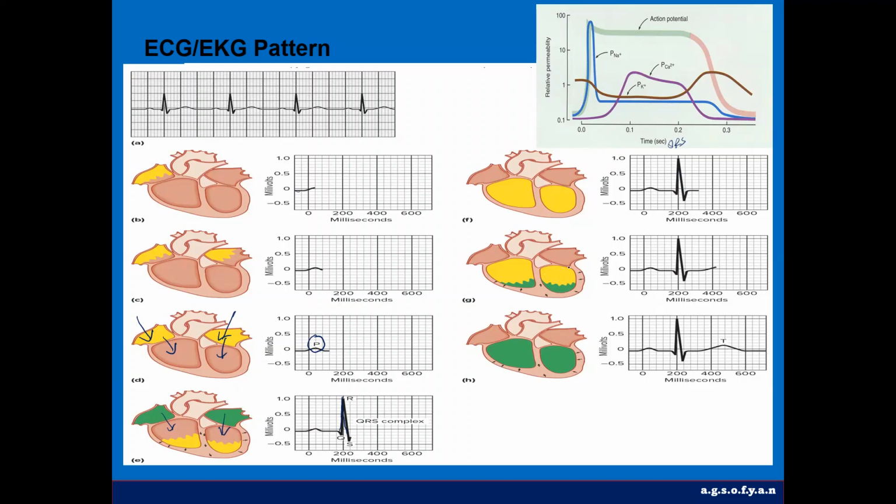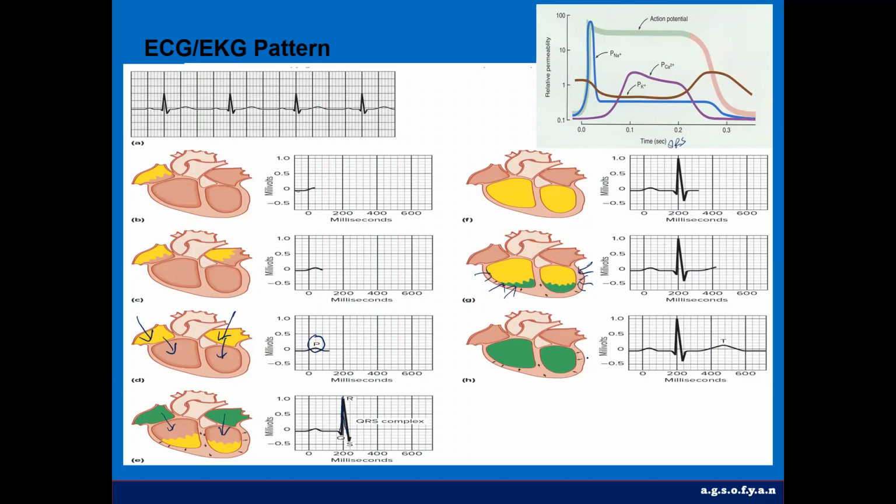And then after that, the ventricle will be contracted, and it will pump the blood from the ventricle to the aorta and also to the pulmonary trunk. So it is happening after the QRS.